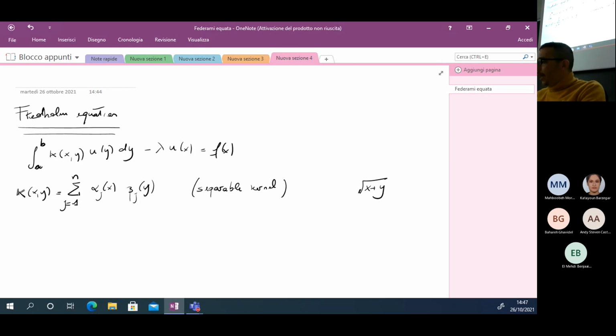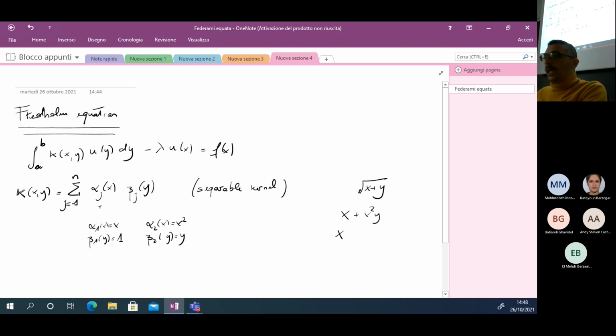If I have something instead like x plus x squared y, this is a sum where alpha 1 of x equals x, beta 1 of y equals 1, and then alpha 2 of x equals x squared, and beta 2 of y equals y.